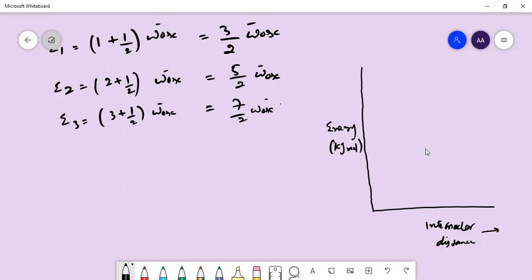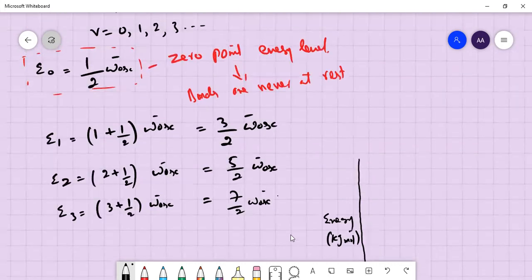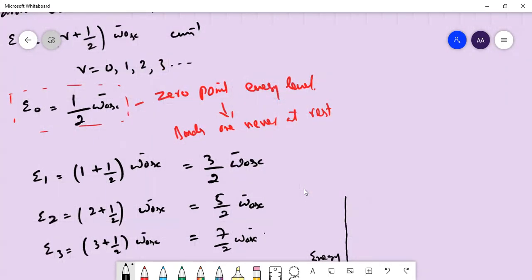So again here we have to apply the selection rule. But before going to the selection rule, let me discuss another important point regarding this zero point energy level: the prediction of the zero point energy level is the basic difference between the classical approach and the wave mechanical approach.